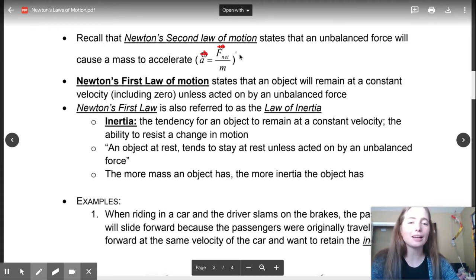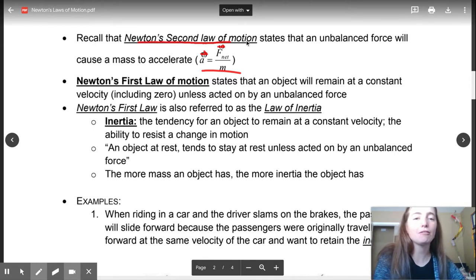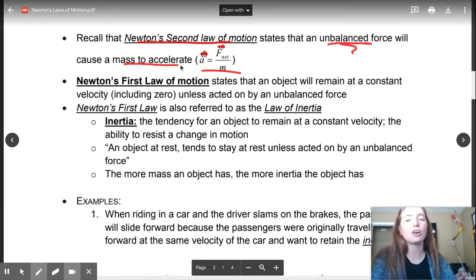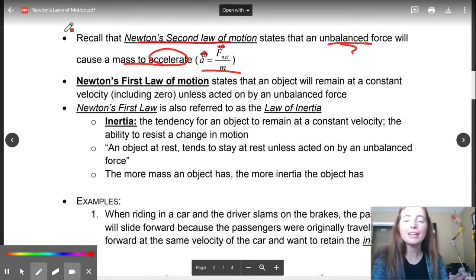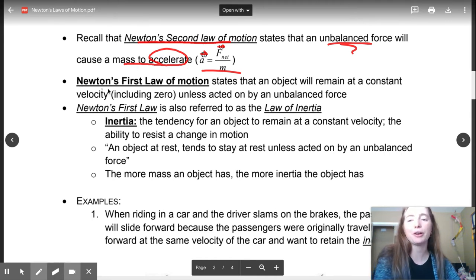Recall Newton's second law is our F net equals ma equation, or a equals F net over m. Newton's second law of motion states that an unbalanced force is going to cause a mass to accelerate. Sounds good?